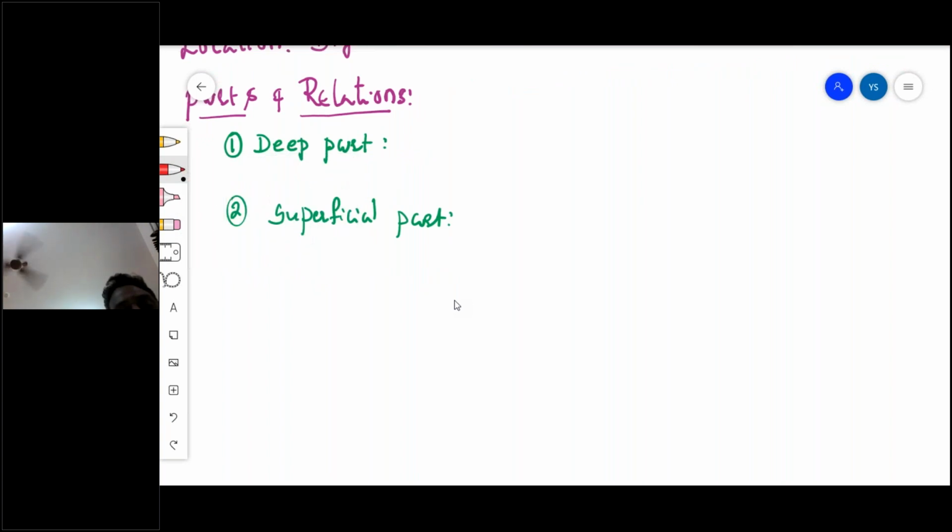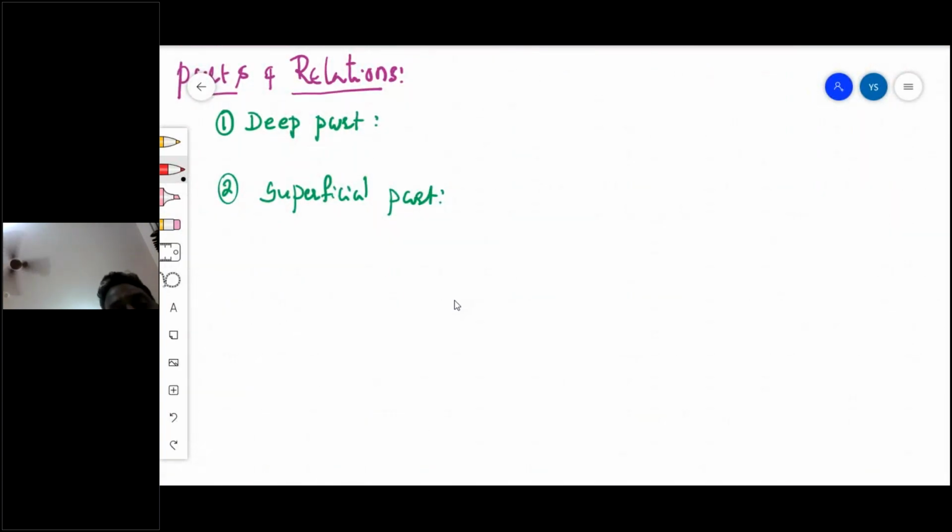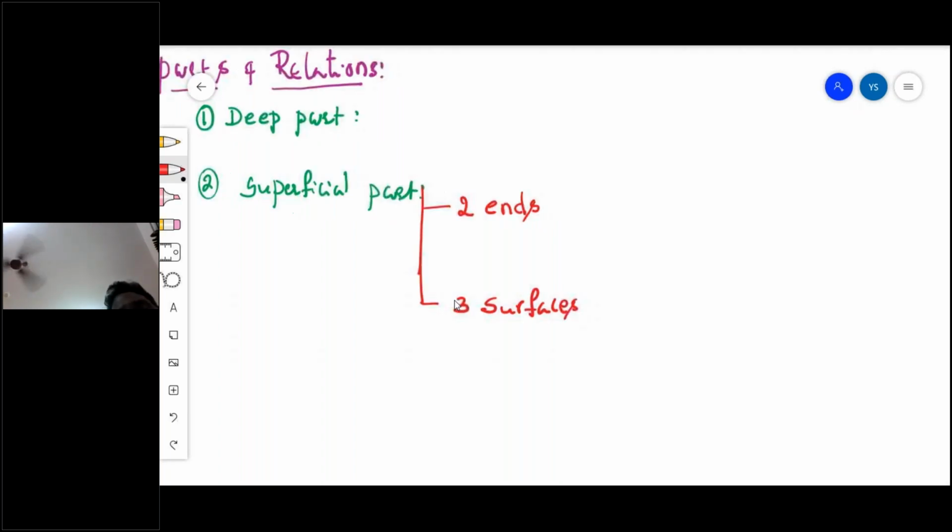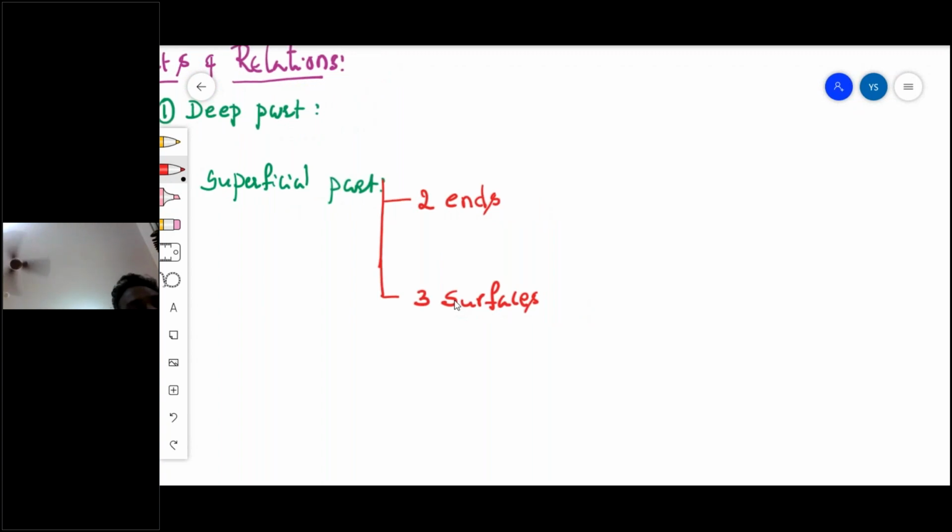Now we write down the parts. Superficial part presenting features. So it possesses the two ends and three surfaces. So the two ends are anterior end and posterior end.